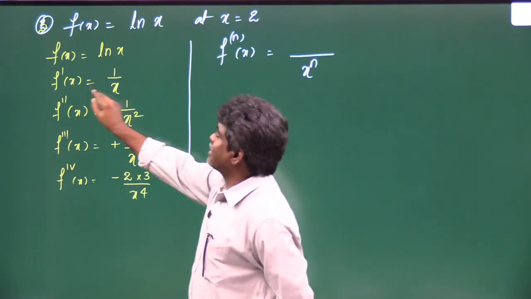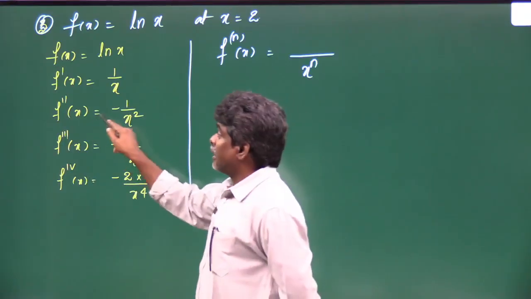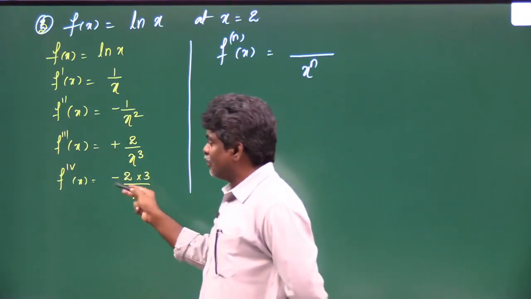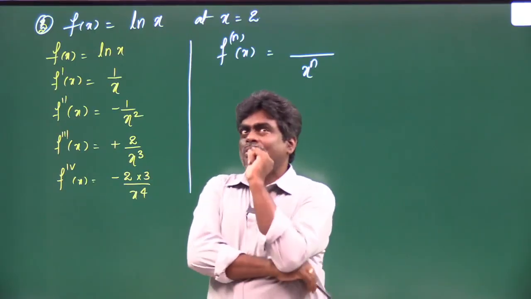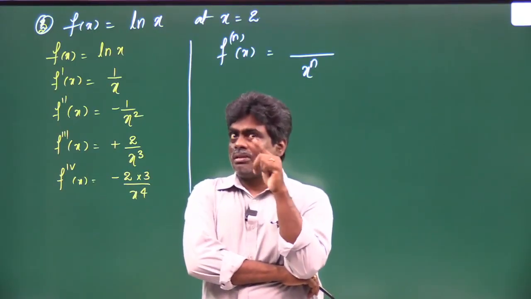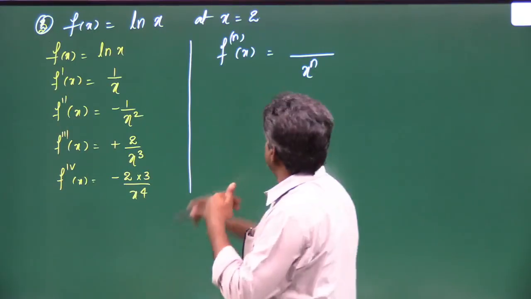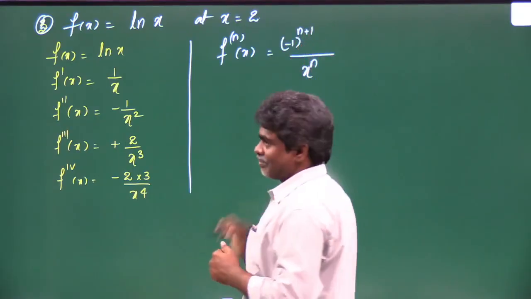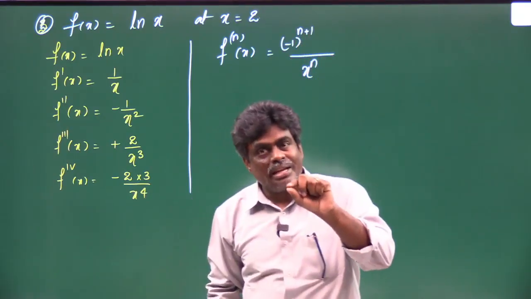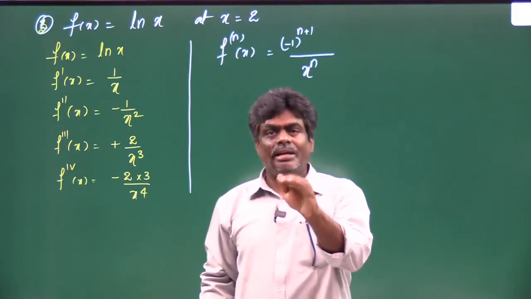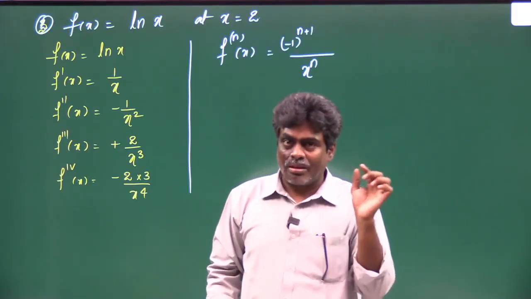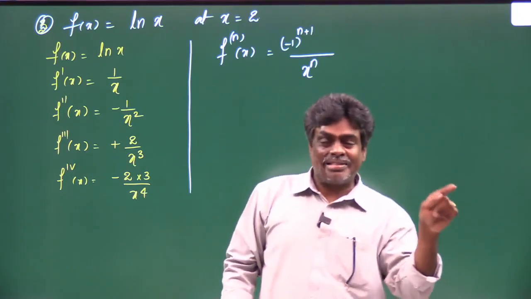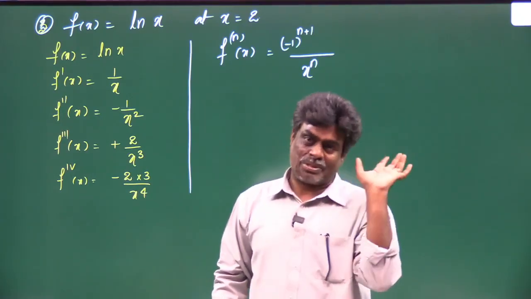First derivative plus, second derivative minus, third derivative plus, fourth derivative minus. So odd numbers plus, even numbers minus. That's why minus 1 whole power n plus 1. If odd numbers were negative and even numbers plus, then take minus 1 whole power n. Reverse: odd numbers plus, even numbers minus, then take minus 1 whole power n plus 1.